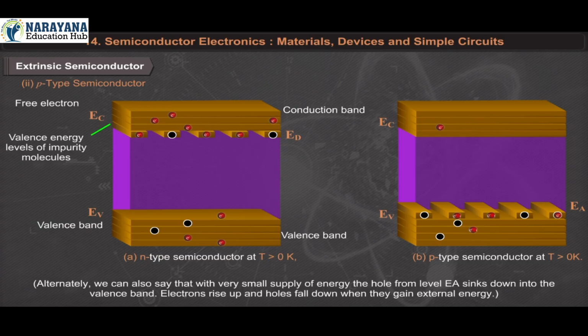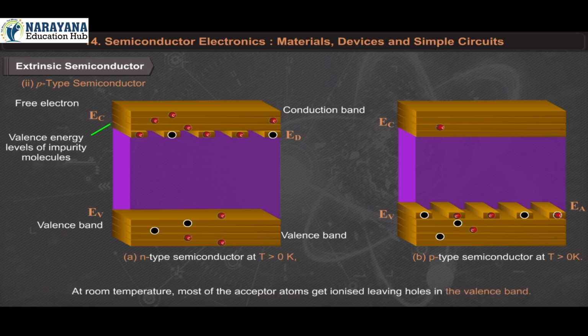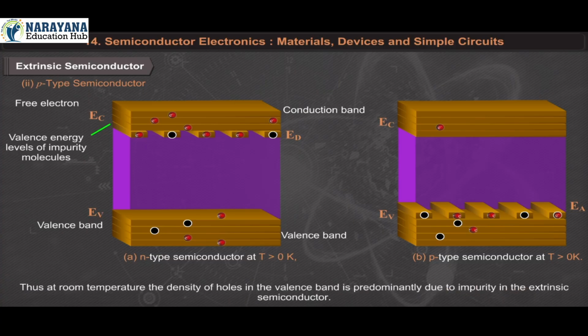Electrons rise up and holes fall down when they gain external energy. At room temperature, most of the acceptor atoms get ionized, leaving holes in the valence band.